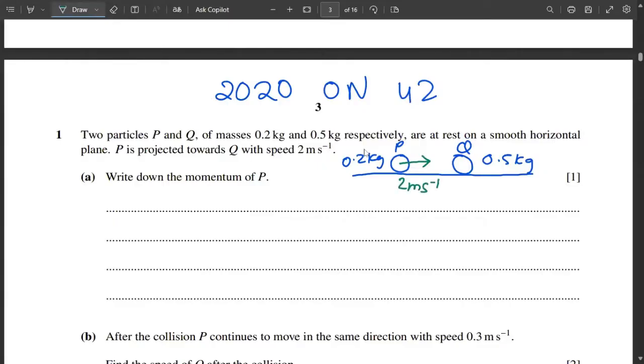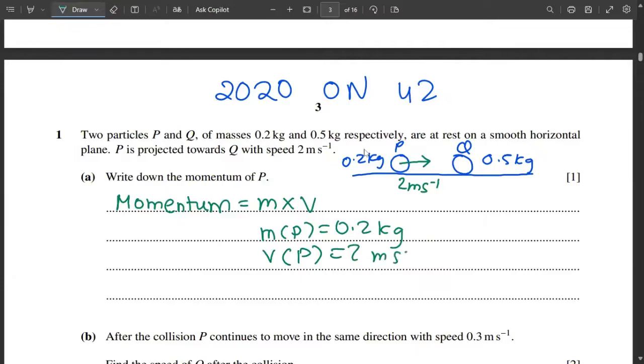Write down the momentum of P. In order to find the momentum, we will use the formula. We know the formula of momentum is mass into velocity. So the mass of P is 0.2 kg and the velocity of P is 2 meter per second.